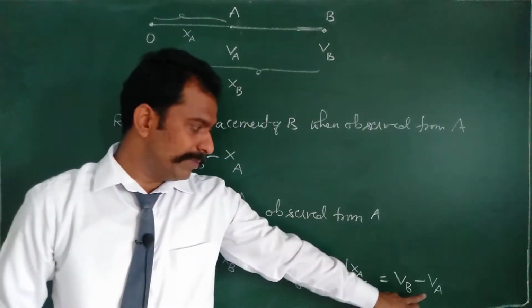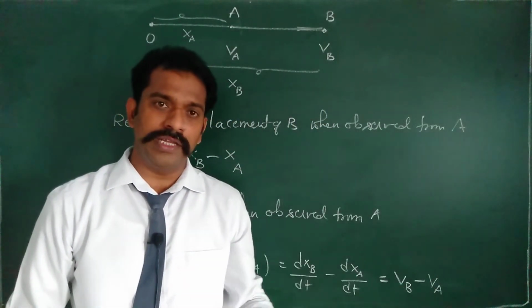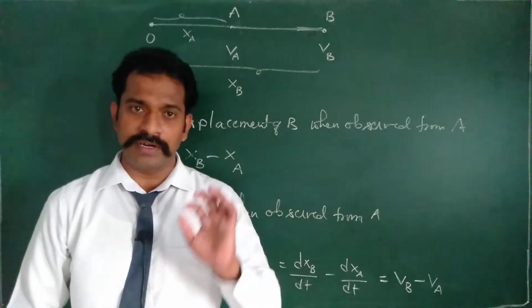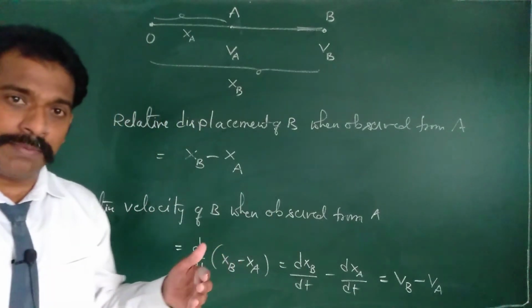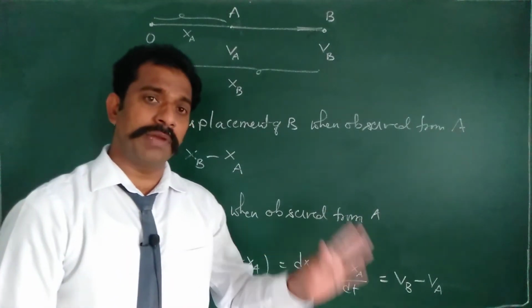So the velocity of B minus the velocity of A represents the relative velocity of B when observed from the body A, which is also in motion in the same direction.